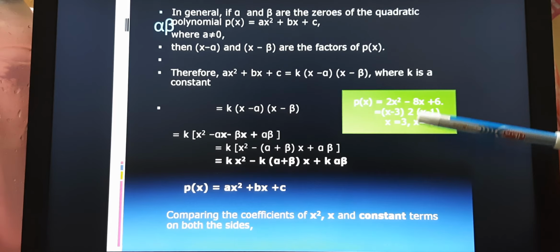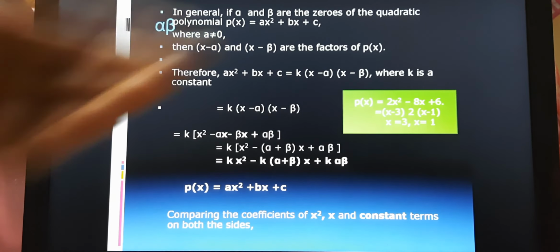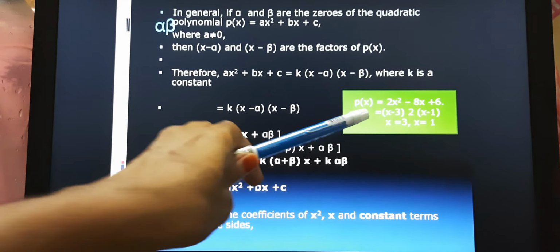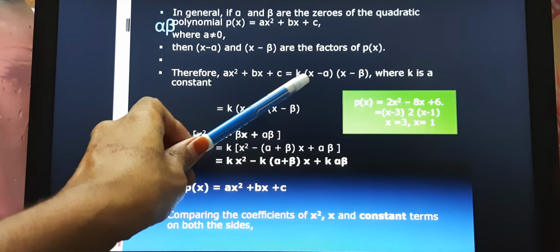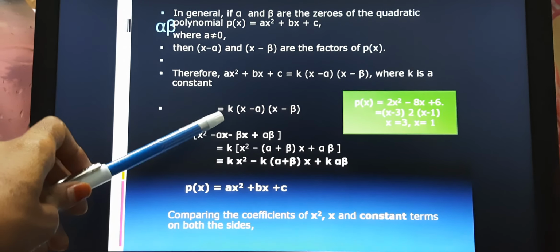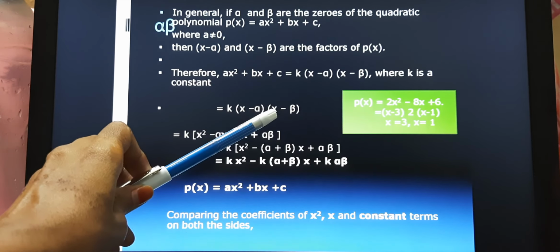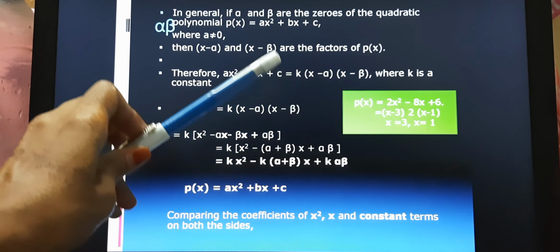It may be 1, it may be 2, it may be 3. That is in multiplication, right? So for this constant purpose, we have taken the k. So k into x minus alpha into x minus beta. Here we take the same k into x minus alpha into x minus beta. So k remains like this itself.